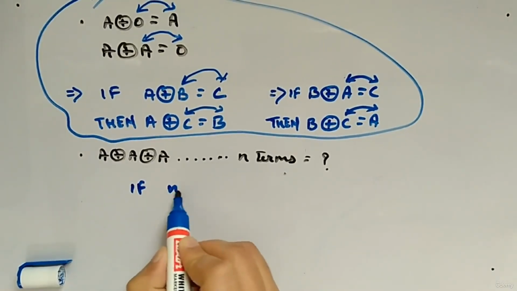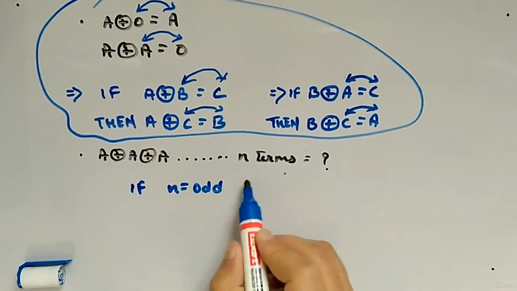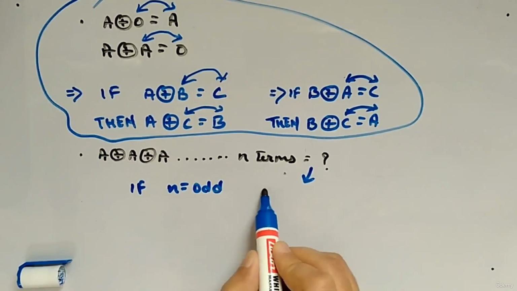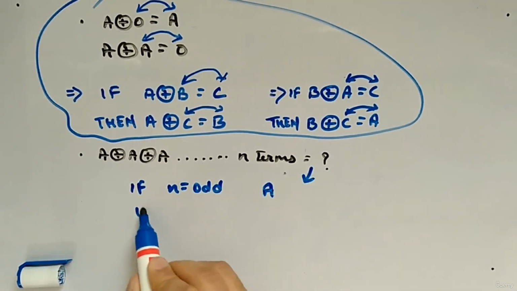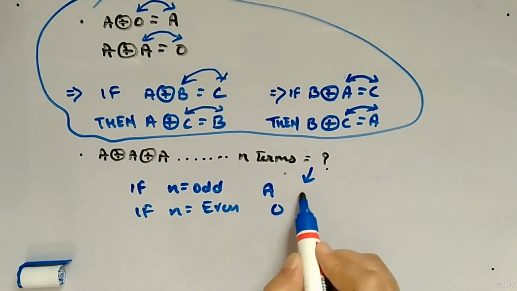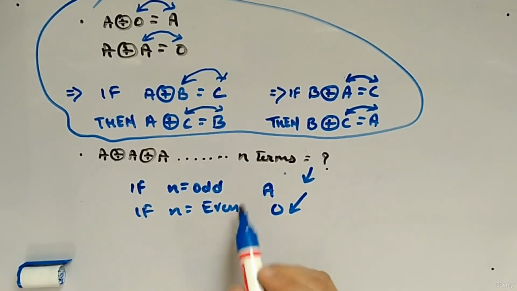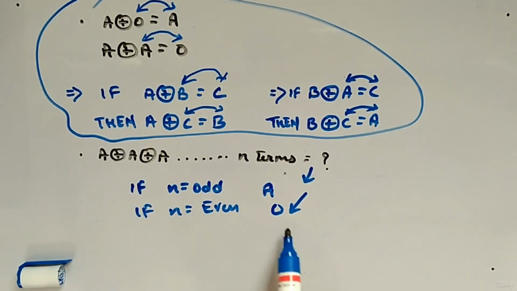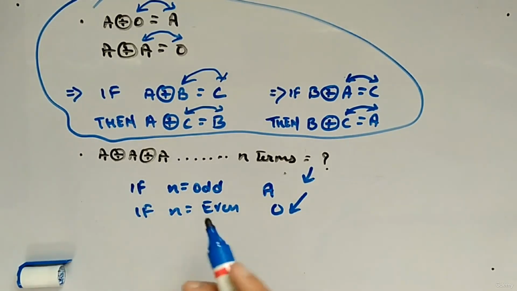So if n is odd, the answer will be A, and if n is even, then the answer will be 0. So this expression will be A and this expression will be 0. Clearly you can't open each and every expression, it will take a lot of time.